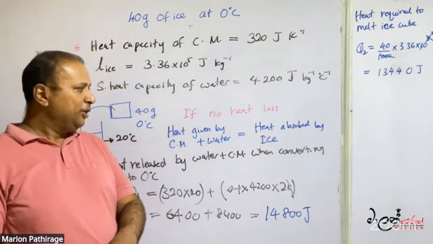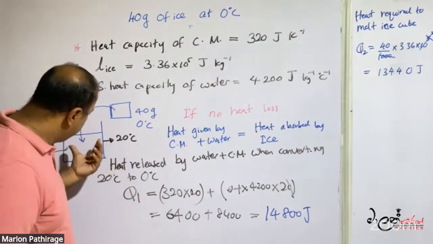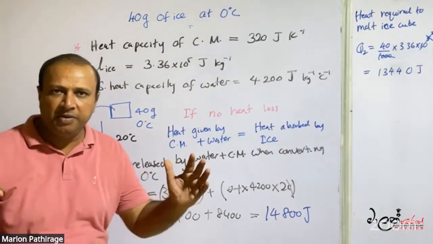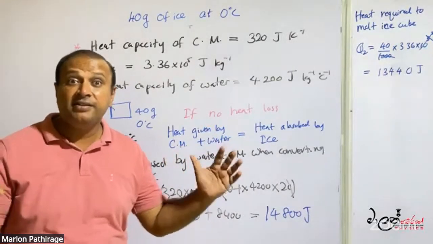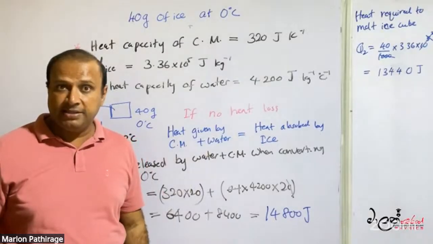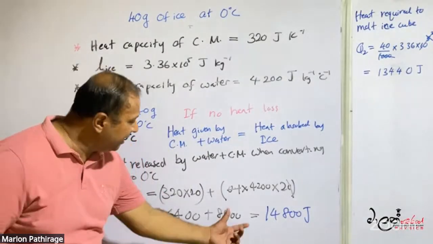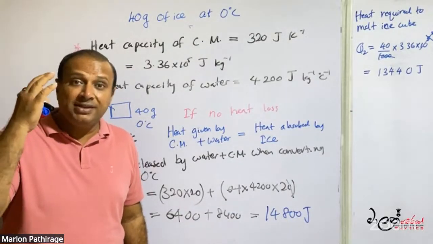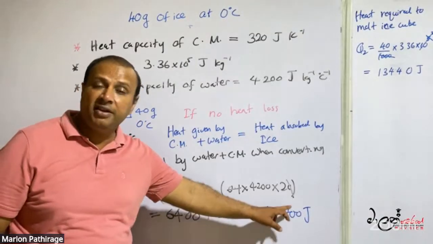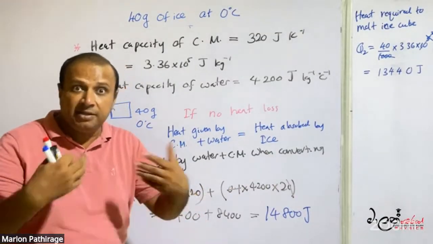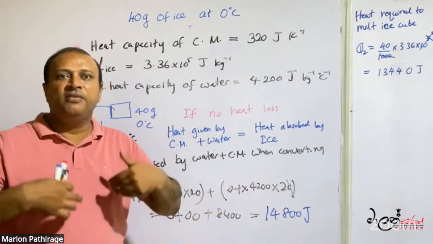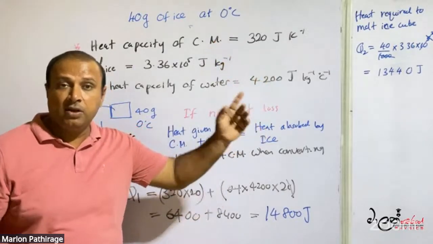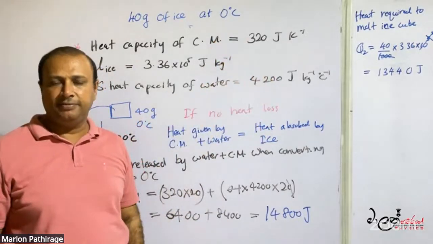And when the water plus calorimeter goes to freeze, they will release this much heat: 14,800 joules. They will release that much energy, and the ice requires only about 13,000.